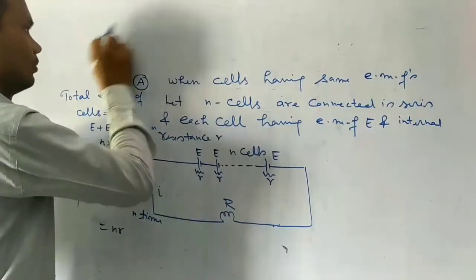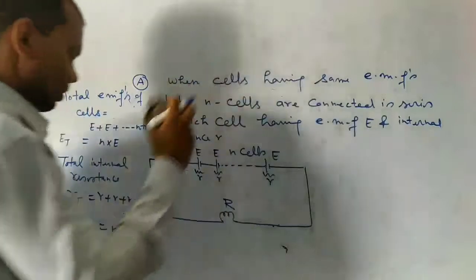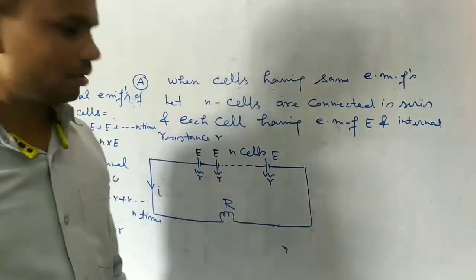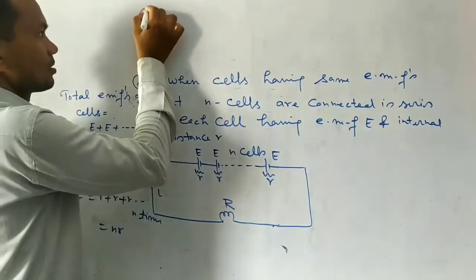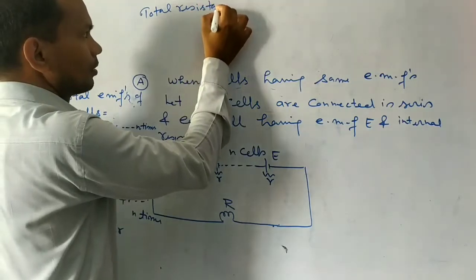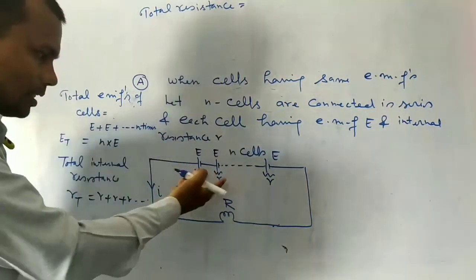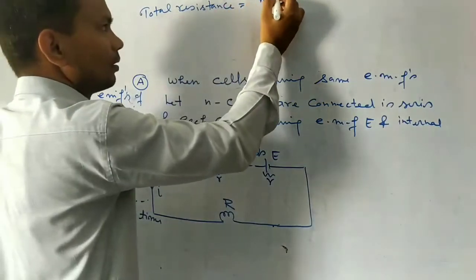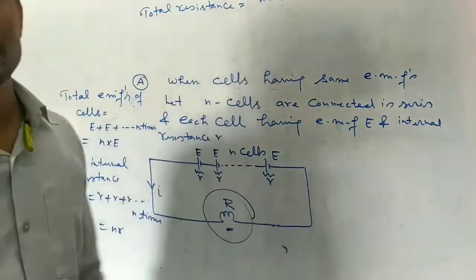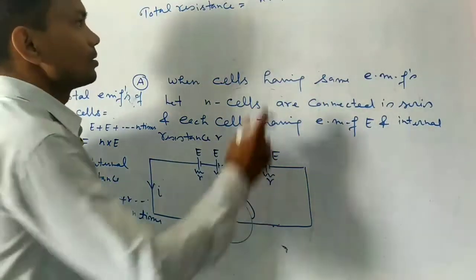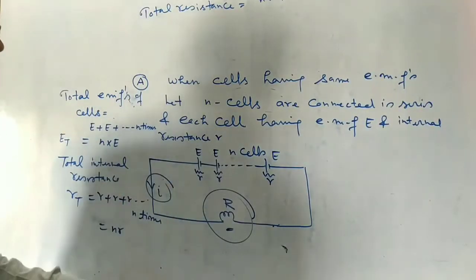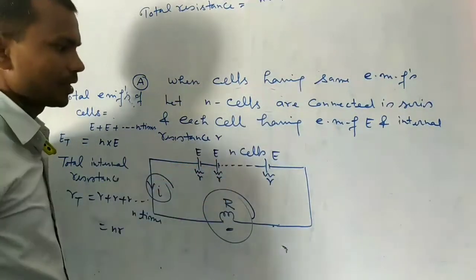After this you have to see the total resistance of this circuit. The total resistance is equal to the internal resistance, which is nR, plus the external resistance, meaning this bulb, which has total resistance R. So current we want to calculate: how much current is flowing due to this battery, or grouping of cells.